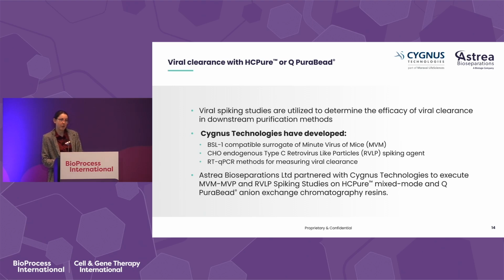So that means that viral spiking studies can be left until after most of the development of a downstream process has already been done. And at that point, if you aren't achieving the viral clearance that you need after that viral clearance study, you then have to go back and redesign the purification method, which obviously has a big cost.